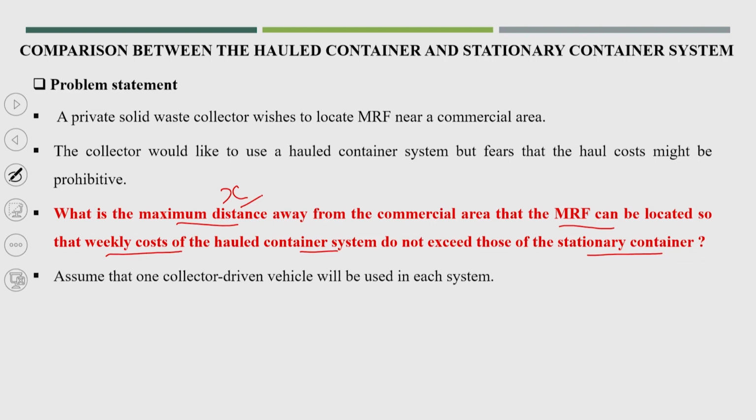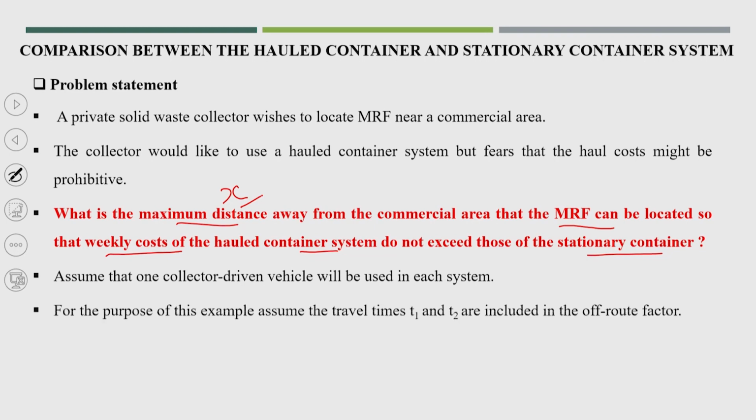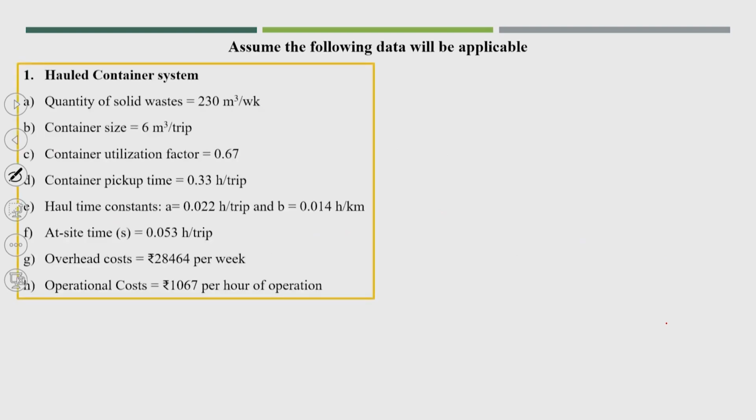The assumption is that one collector-driven vehicle will be used in each system, and for the purpose of this example assume that T1 and T2 values are included in the off route factor. So, the off route factor of 0.15 includes the time of T1 and T2, and this data is given. This is for the haul container system.